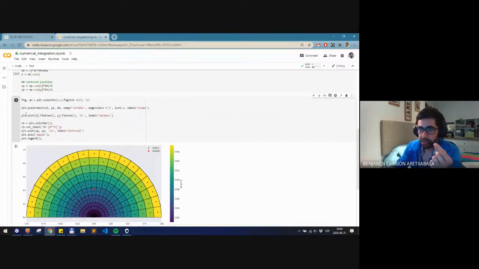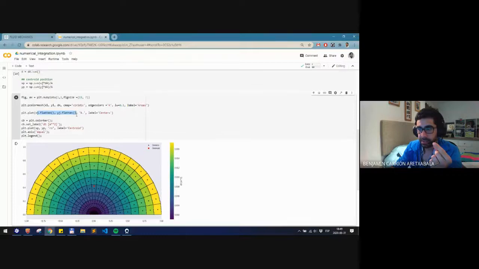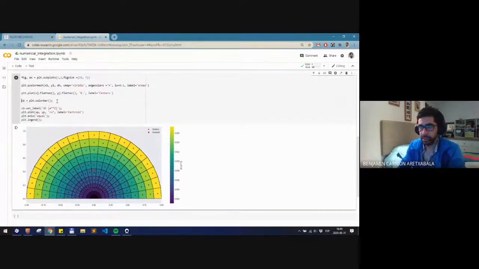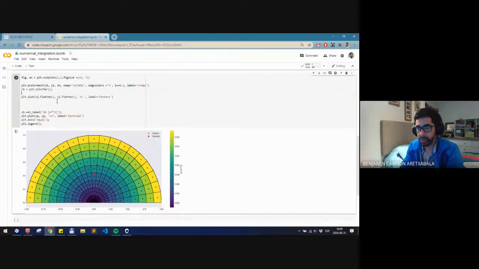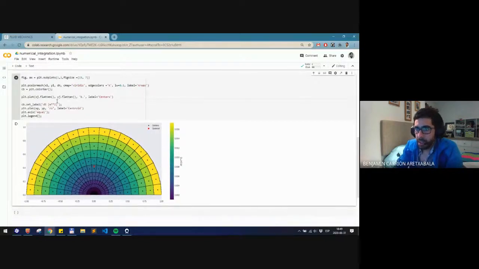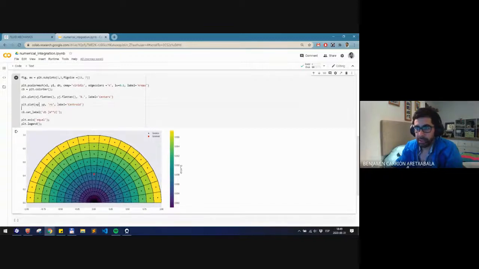This code just points the center of each element. This is the color bar of this one. And this one plots the center of the total centroid, which is where you should expect it to be, right? At the center.